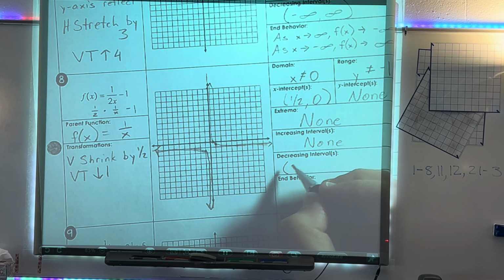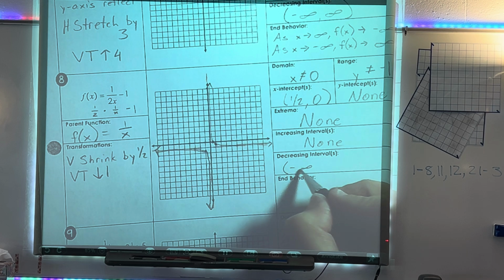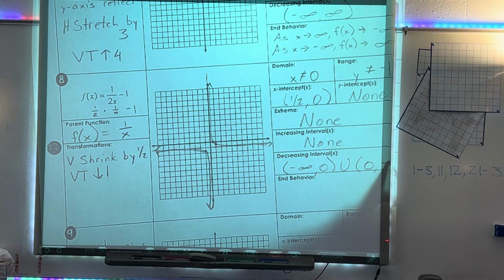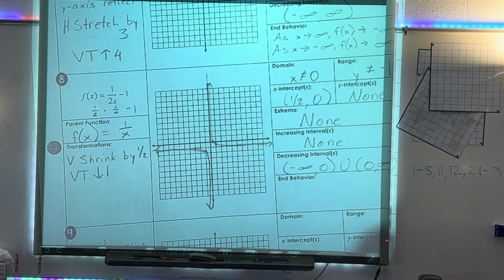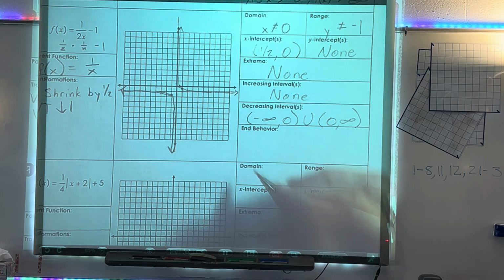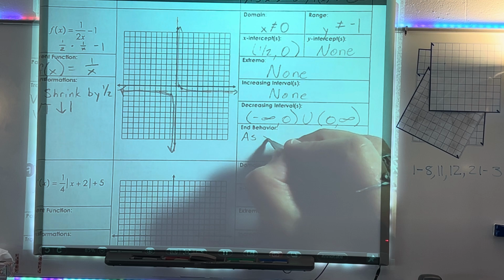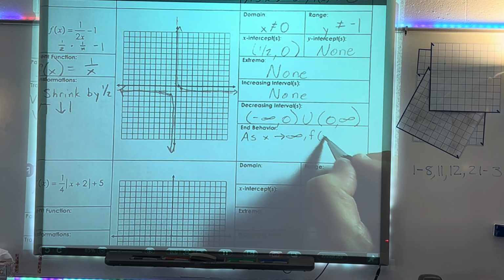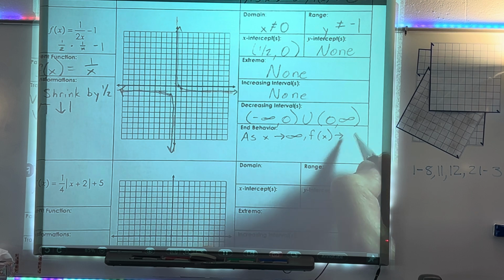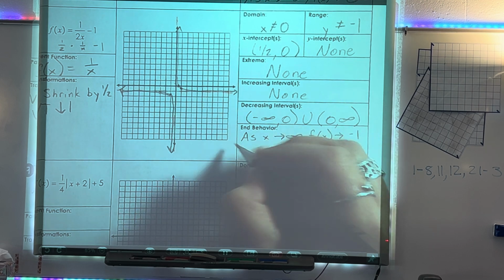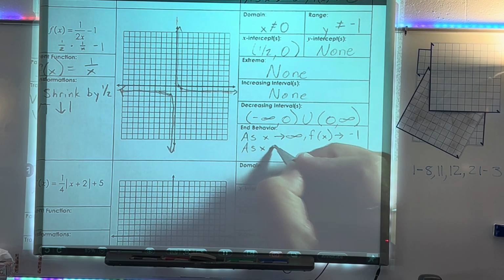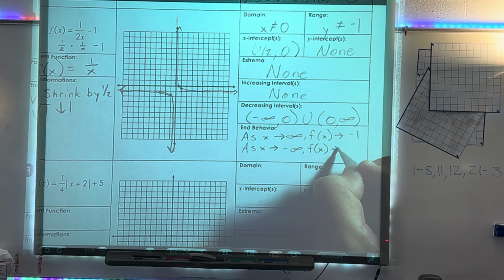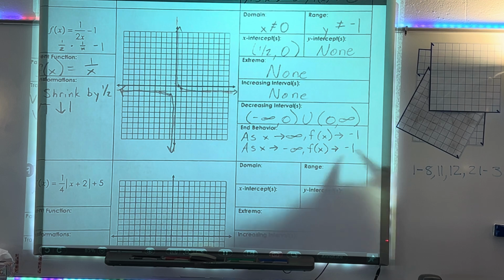Decreasing from negative infinity to 0, and then 0 to positive infinity, because that's where my vertical asymptote is. And behavior as x approaches infinity, f of x approaches -1. And as x approaches negative infinity, f of x approaches also -1.